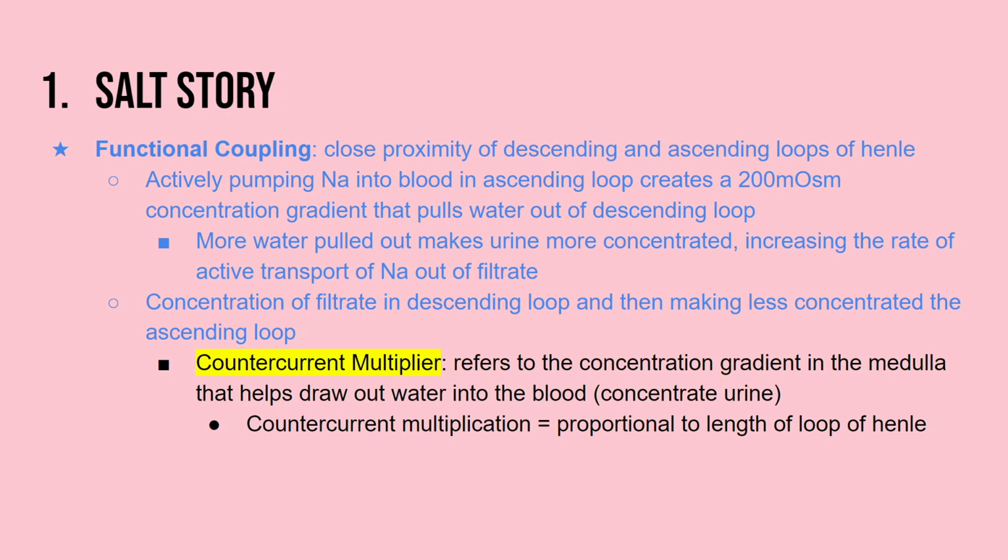Actively pushing sodium out. You guys remember that from last week that water follows sodium? So then in the descending limb over here, water is going to be drawn out.